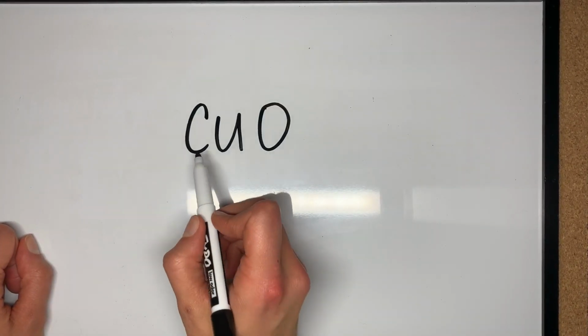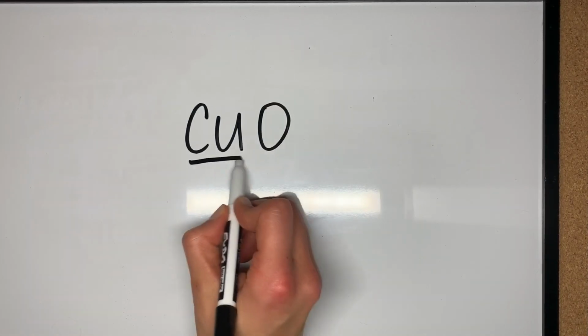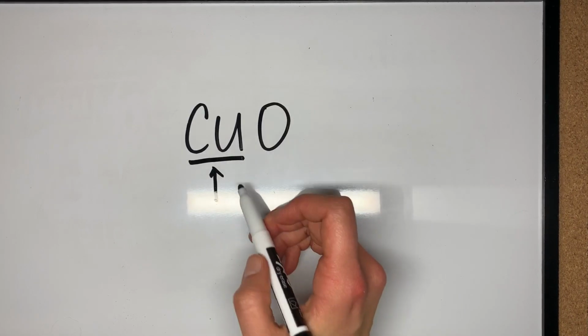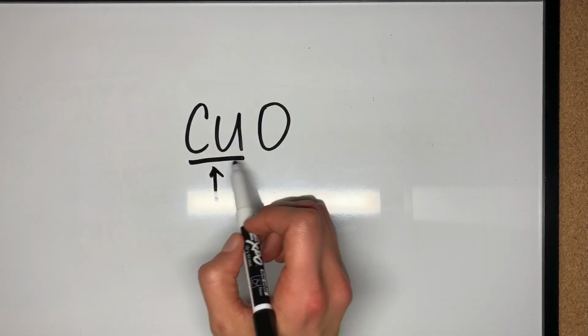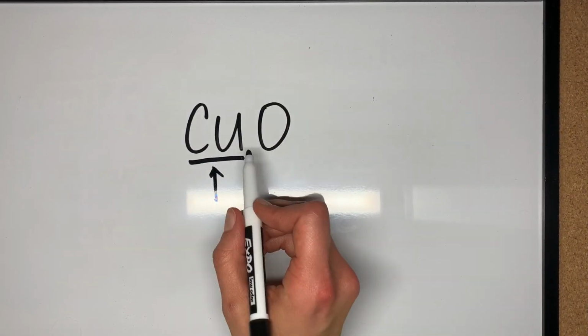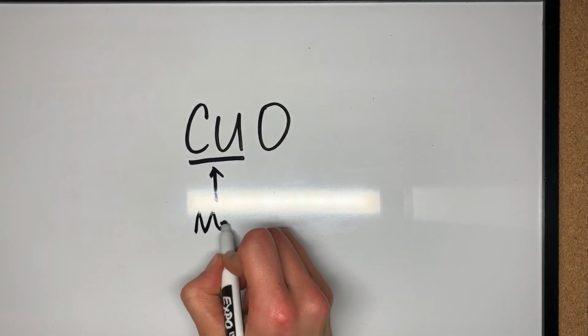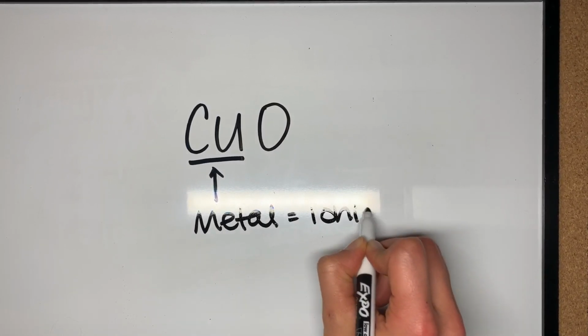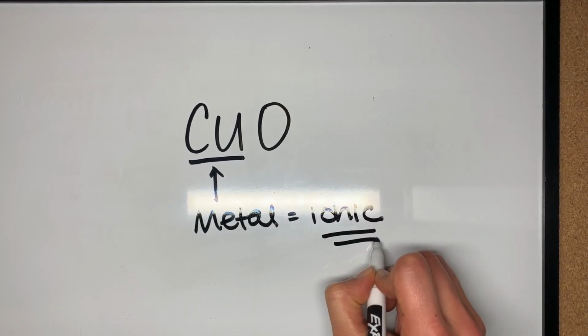If we take a look at copper oxide, copper is also to the left of the staircase. This is in the D block, also known as the transition metals, but it's still a metal, which means that this is also an ionic compound.